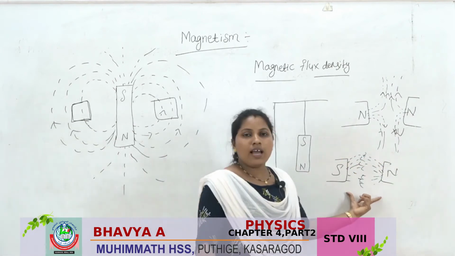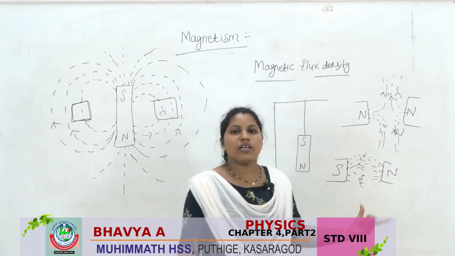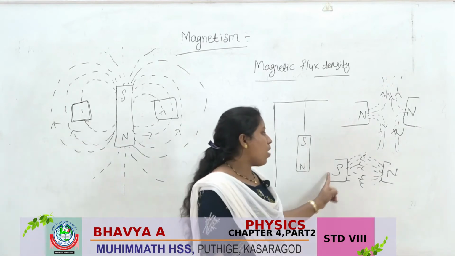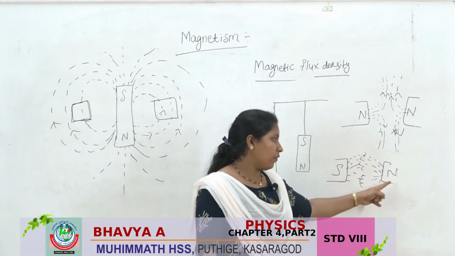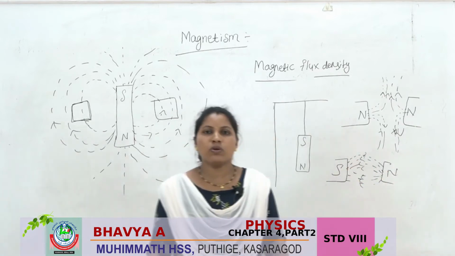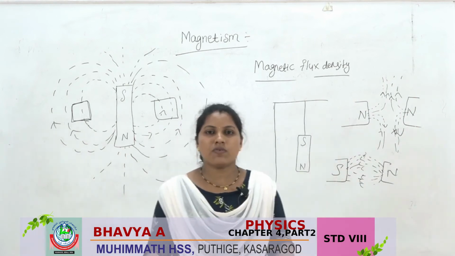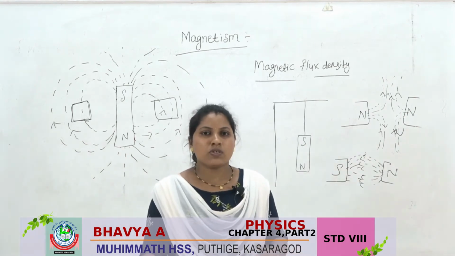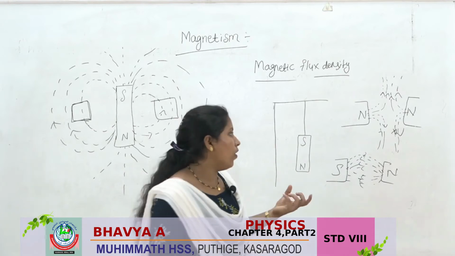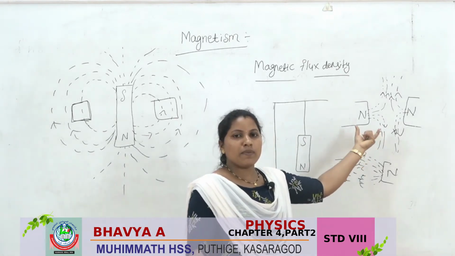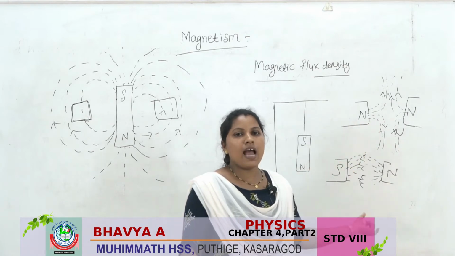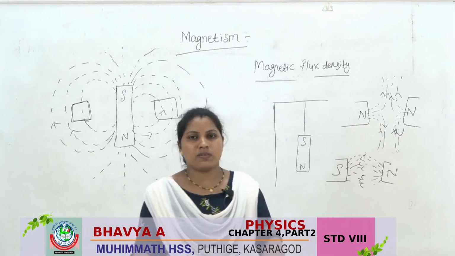In unlike poles, the magnetic field lines move from the north pole to the south pole. This is the peculiarity of the magnetic field between like poles and between unlike poles.